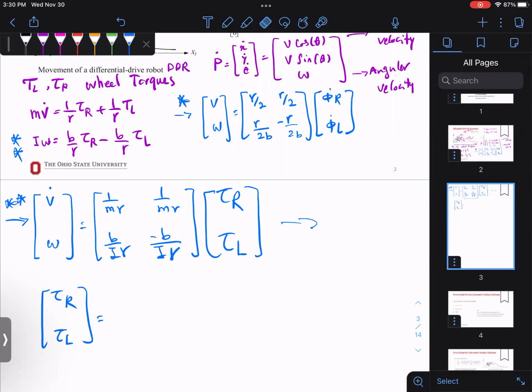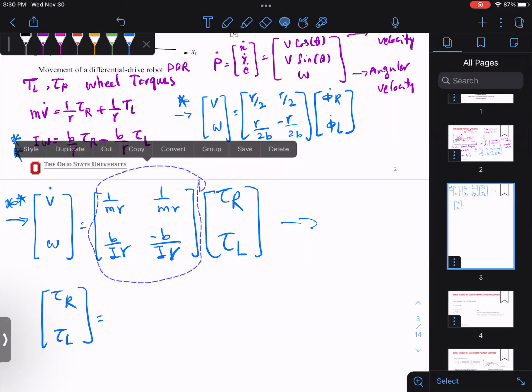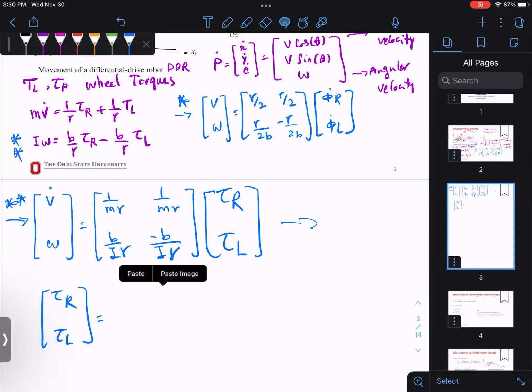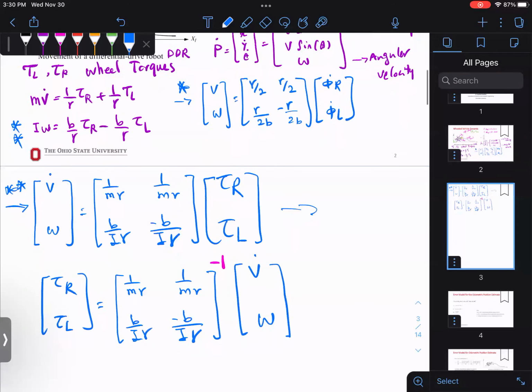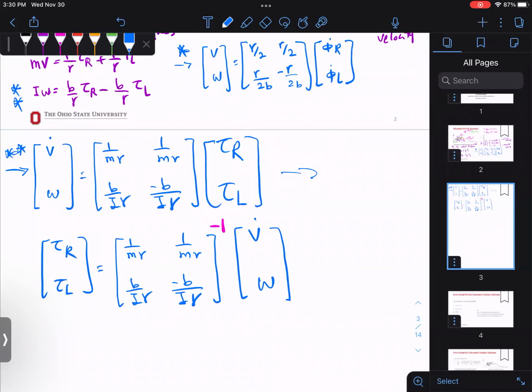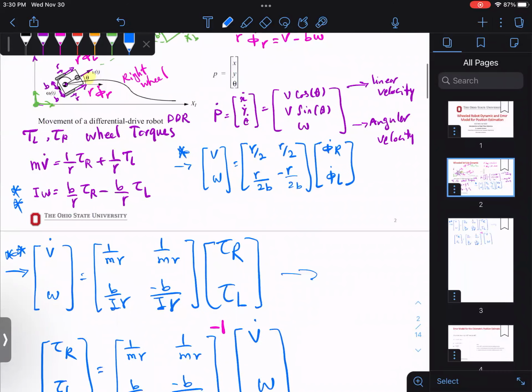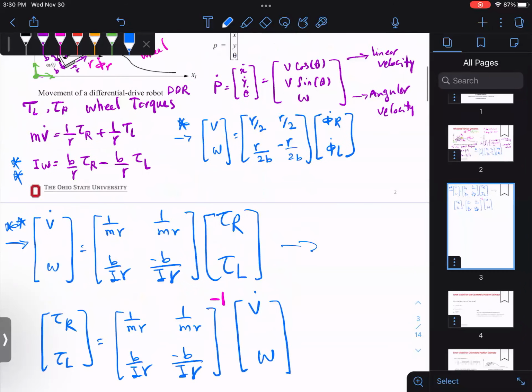So I'm going to do that. This, copy, paste. I'm going to put inverse so you can see the difference. Inverse, V dot, omega dot.